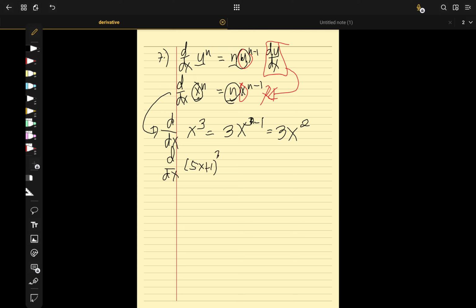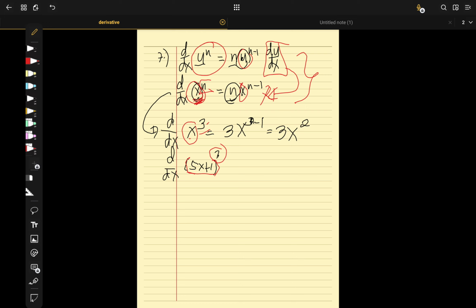Kita niyo yung pinagkaiba. Dito, x cube. Dito, 5x plus 1 cube. So, dito na ngayon makikita niyo yung pinagkaiba nitong dalawa na to. So, this is used when yung naka-raise lang sa exponent is just x, tulad to, x cube. Now, this one will be used kung yung naka-raise exponent is a function of x which is not x itself.